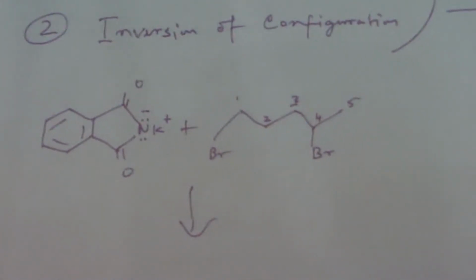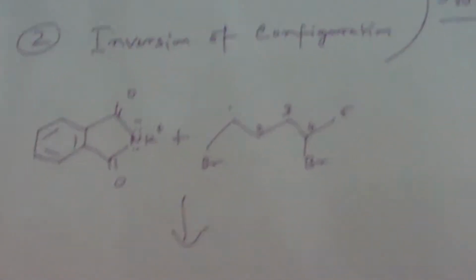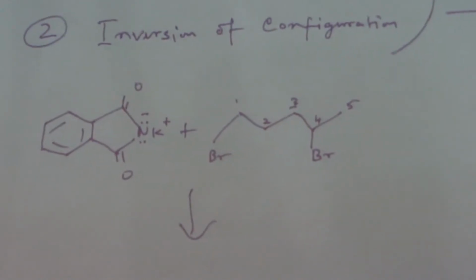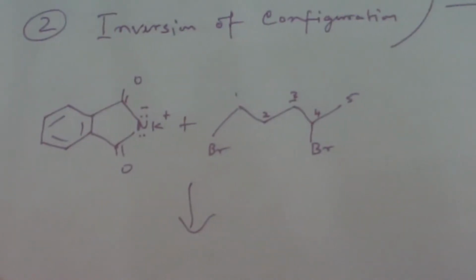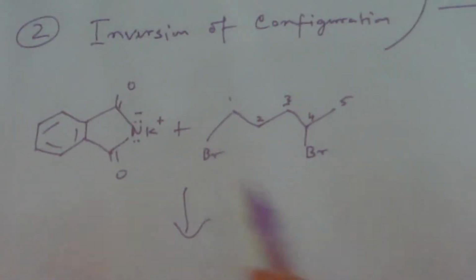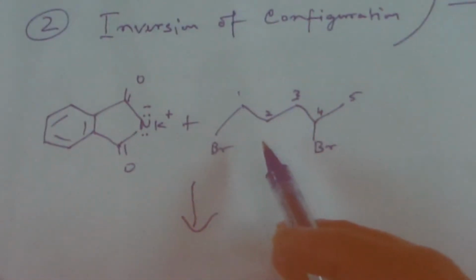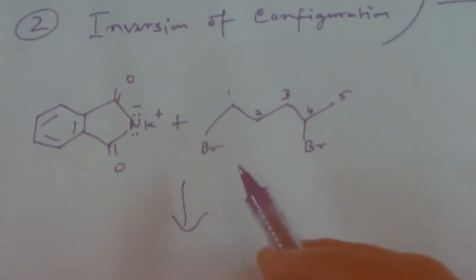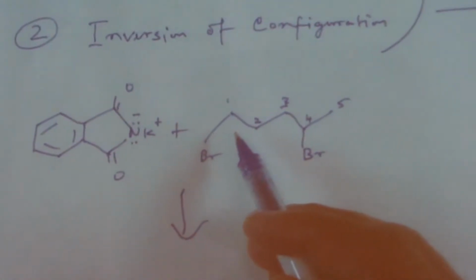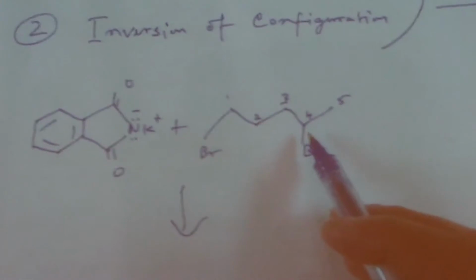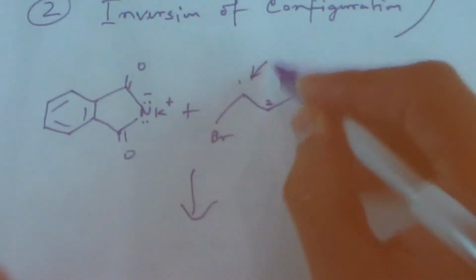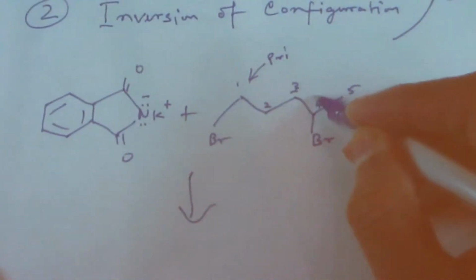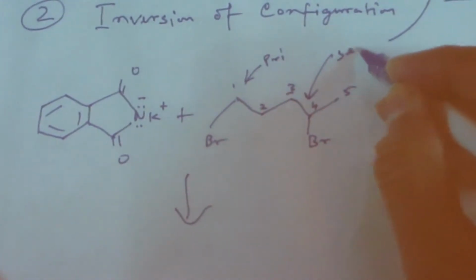So the nitrogen is going to attack the bromine, and now you have two different bromines. So now you have to decide where it's going to attack, 1 or 4. And as you can see, there is a huge preference of attacking at the 1 position, which is primary, whereas the 4th position is secondary. Right? So this is primary, and this is a secondary position.